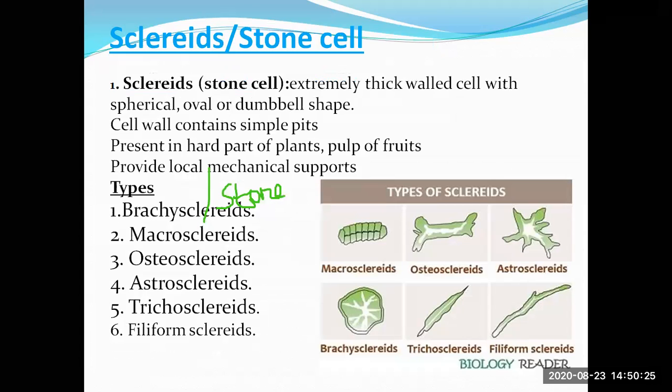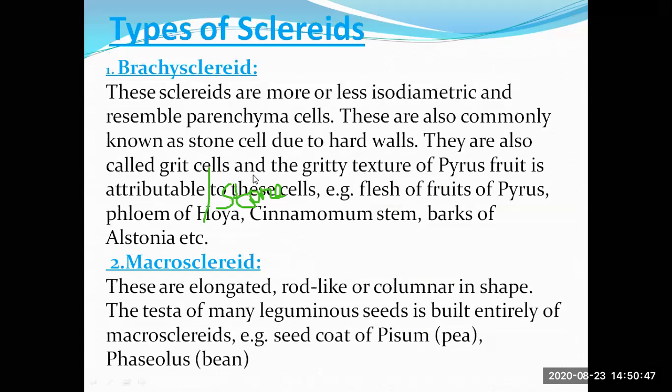So here these sclereids are thick walled, there is no doubt. They are thick walled with different shapes, and also possess some simple pits in their cell wall. Okay, so first one is brachysclereids. Brachysclereids are also called stone cells.